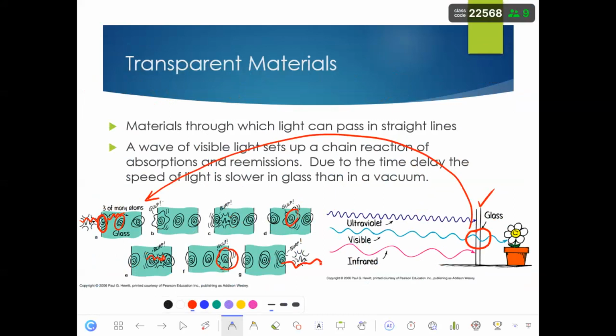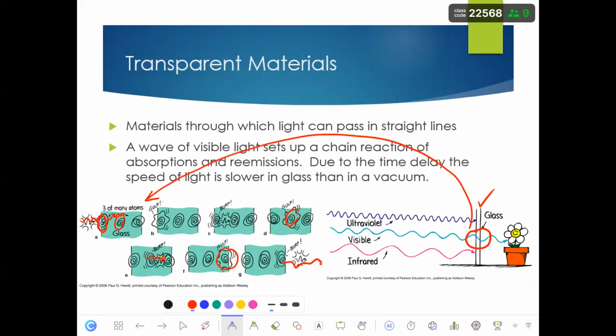So this is the process. Visible light comes and hits the first molecule, the first atom. The atom starts vibrating and creates the light again, and this light transfers to the second one. The second one starts vibrating and creates visible light. The visible light transfers to the last one.